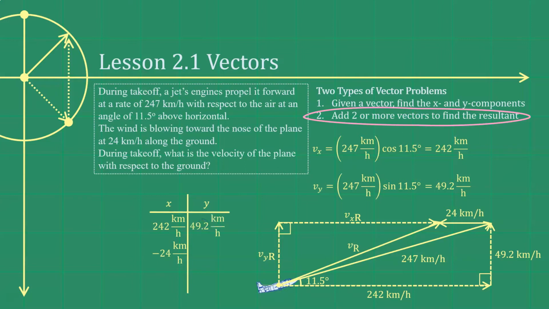In the y dimension, I have 49.2 kilometers per hour from my first vector, and that's the only y dimension vector. The horizontal vector doesn't have a y component. When I add these together, I find that the x component of my resultant is 218 kilometers per hour, and the y component is just that same 49.2 kilometers per hour.